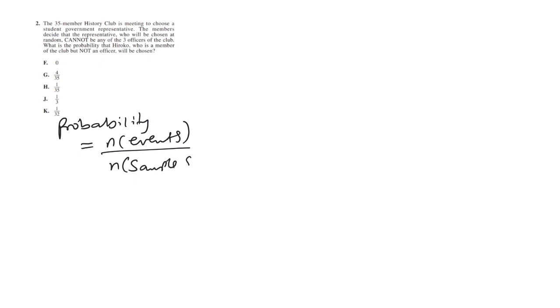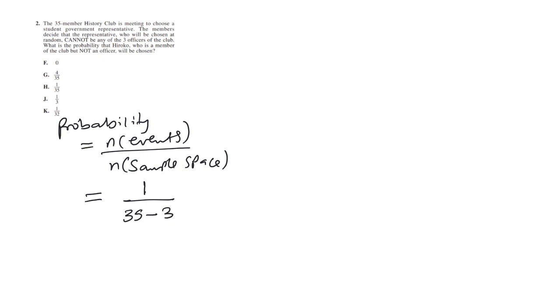Probability is defined as the number of events over the number of the sample space. Now, they are choosing one person here, out of, remember, there are 35, but 3 people have been excluded.